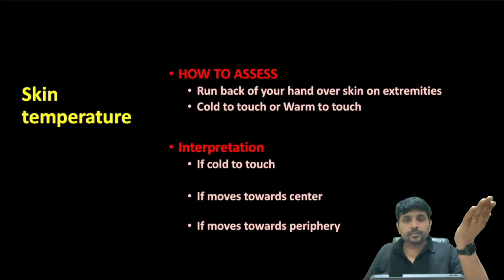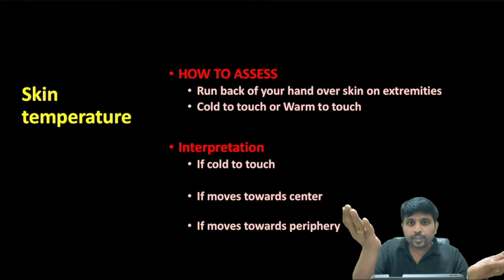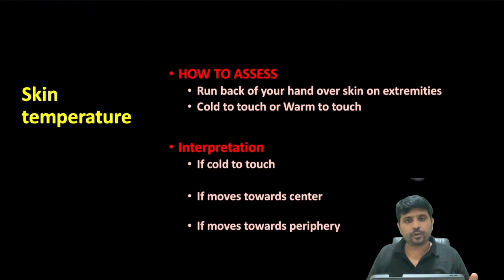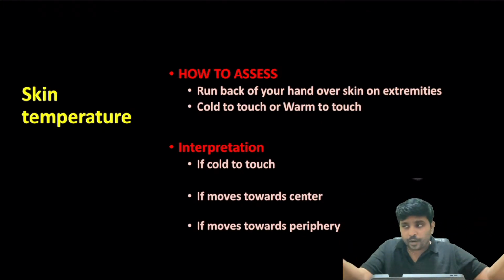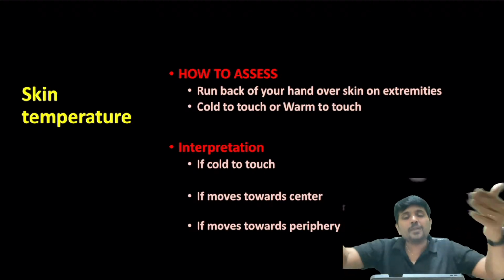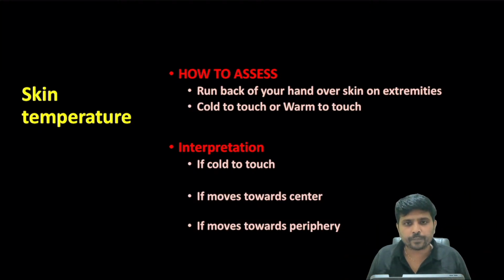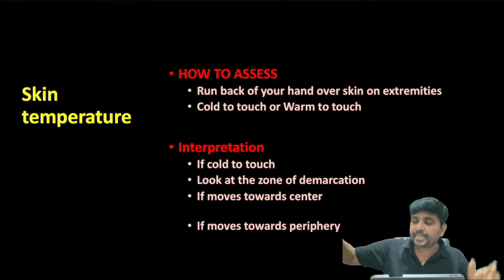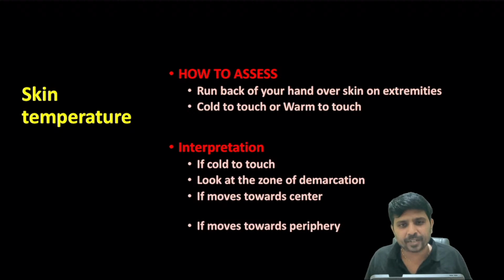And if the thigh is warm whereas the shin is cold, again poor peripheral circulation. If the abdomen is warm and the thigh is cold, still more poor peripheral perfusion. If cold to touch, look at where the temperature demarcation is present.